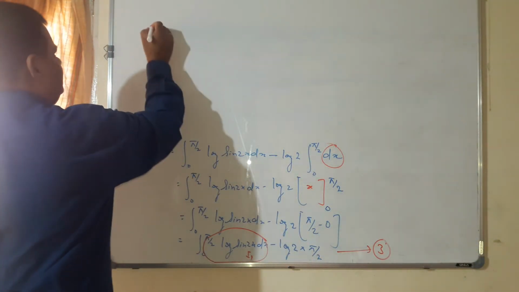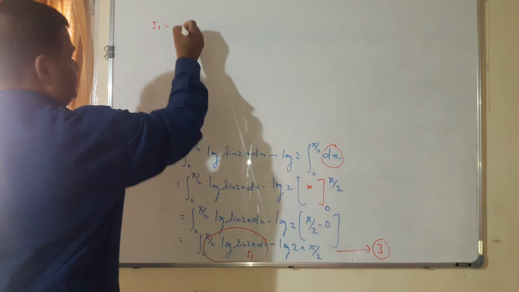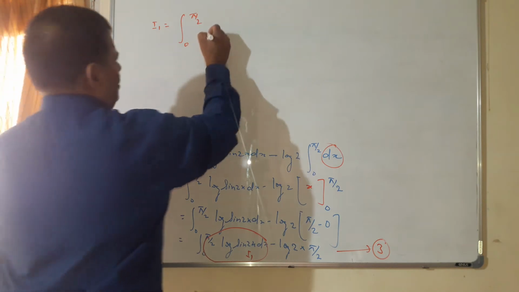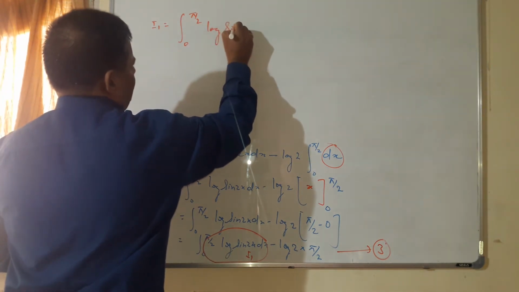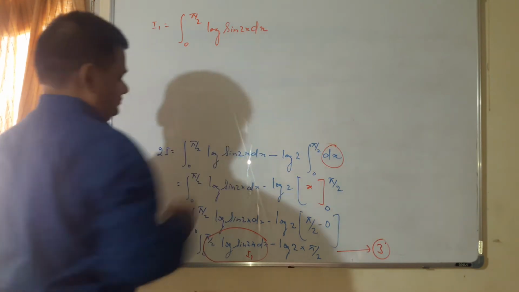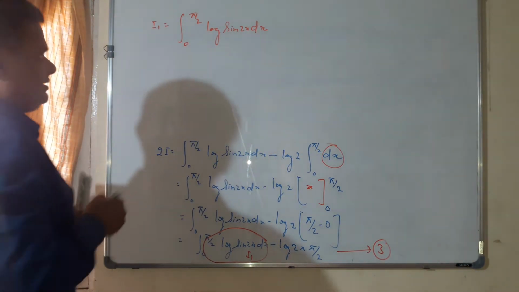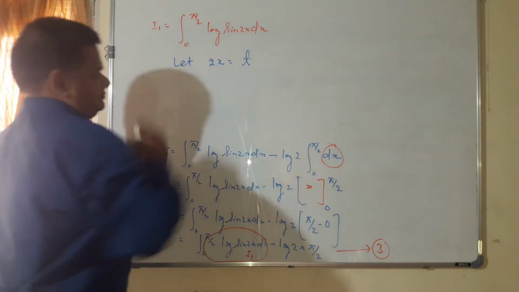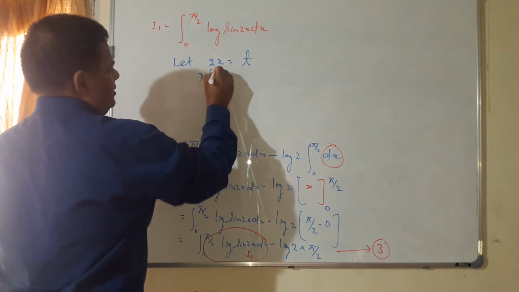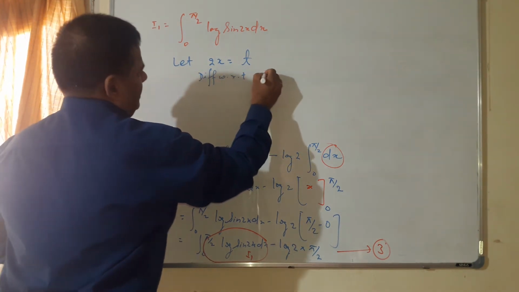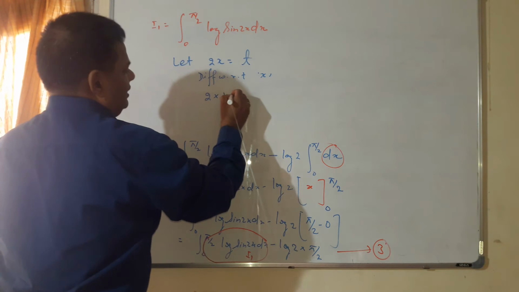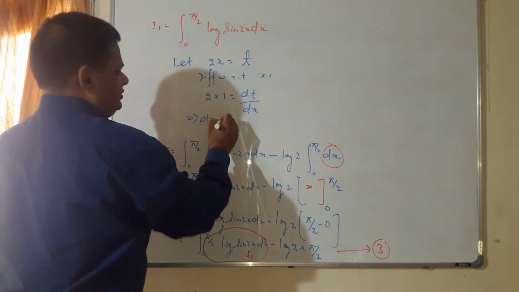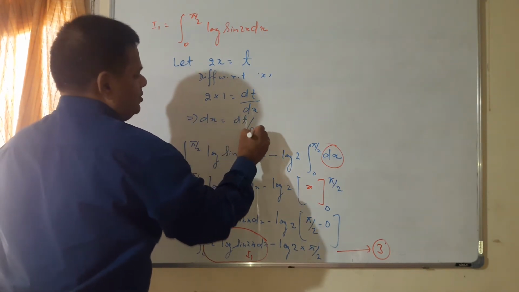See here, I1 is equal to integral 0 to pi by 2 of log sin 2x dx. Let 2x be equal to t. Differentiating with respect to x, 2 into 1 is equal to dt by dx. So dx is equal to dt by 2.